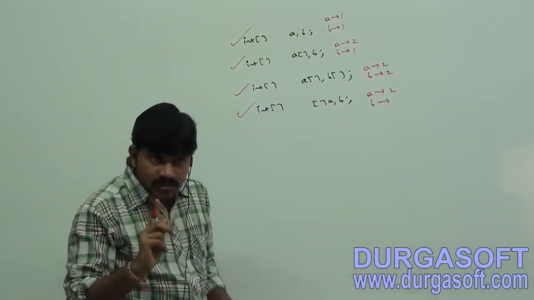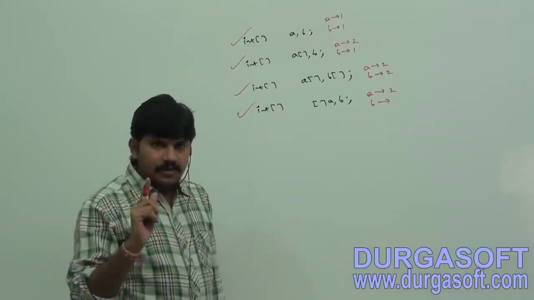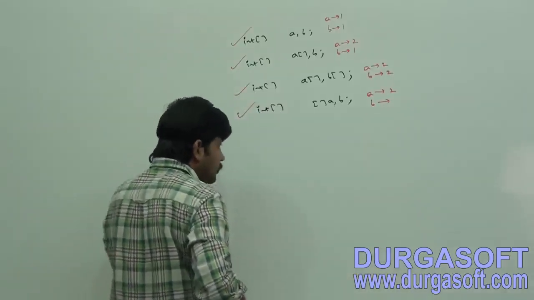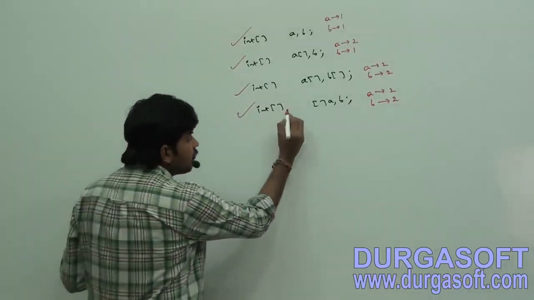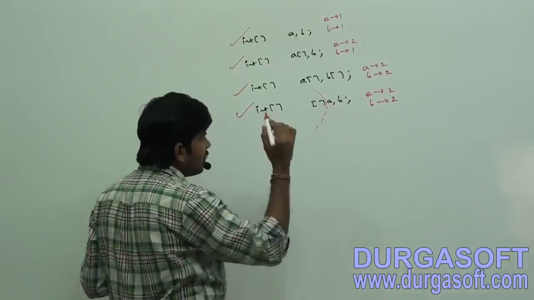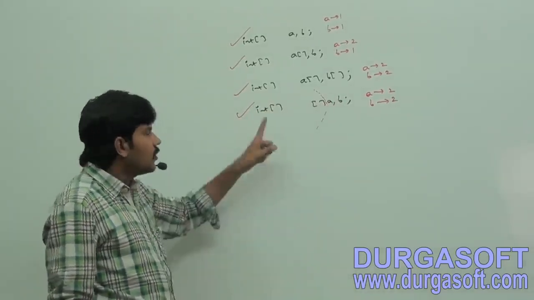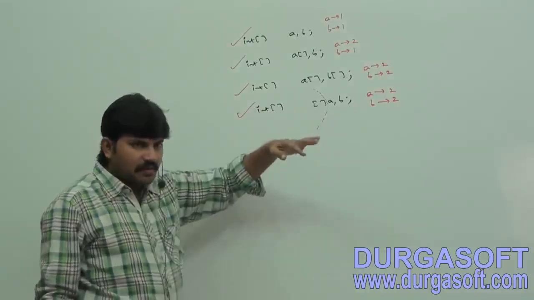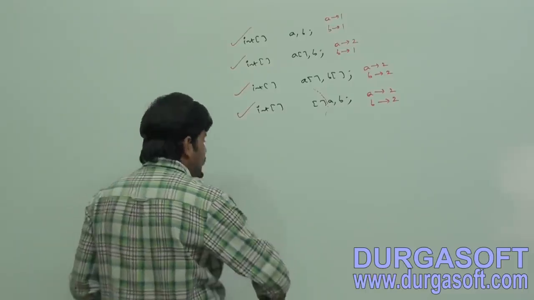Make sure b's dimension is 2, because the space is ignored by the compiler, and this total thing is considered the type. Regarding the type, a and b are both two-dimensional arrays. a's dimension is 2, b's dimension is also 2, that's why it is valid.